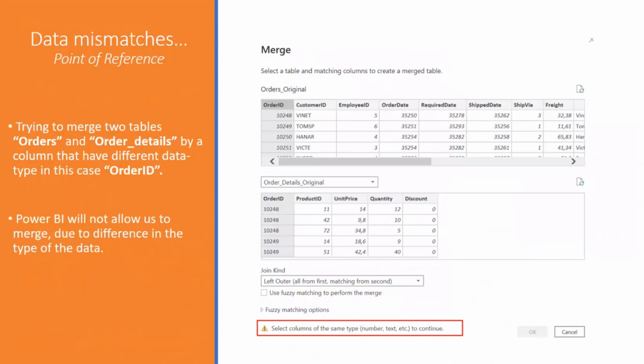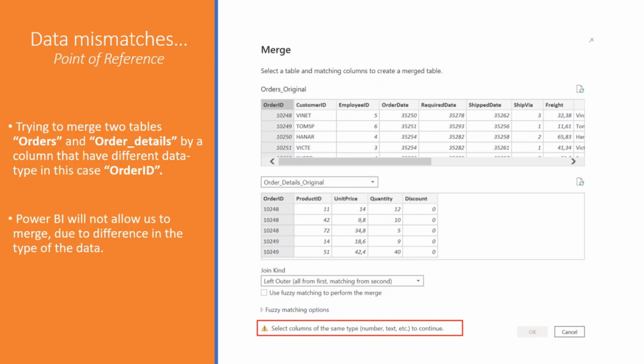The fourth problem that I faced is the data mismatches. What does it mean? When we try to merge two tables by a column, it happens that the order ID could be a number, a whole number, and on the other table it's a text.